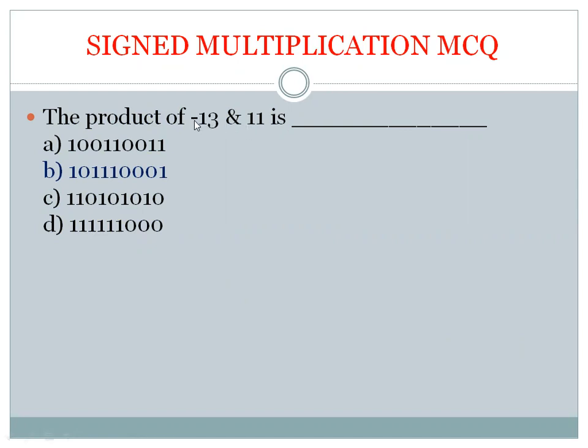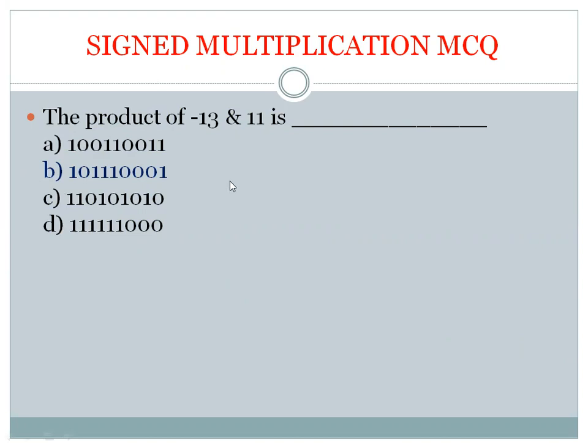The first operand has a minus sign and the second operand has a plus sign, so the product will be minus. So what about the first bit of the result? It should be 1, because 1 denotes the negative number. Here all 4 options have 1 in the MSB, so we cannot ignore any options.